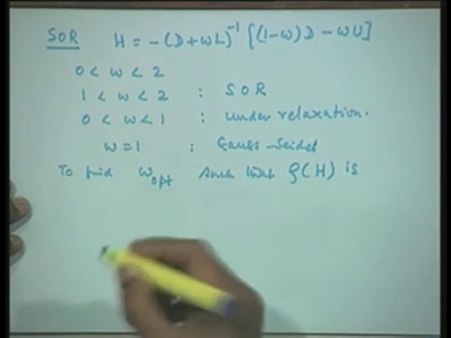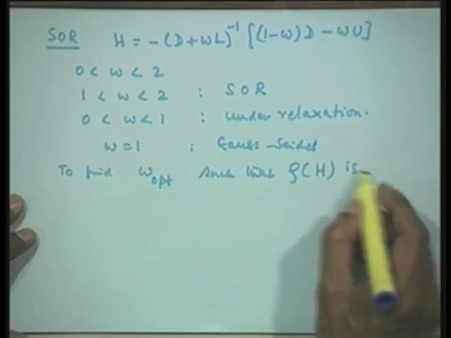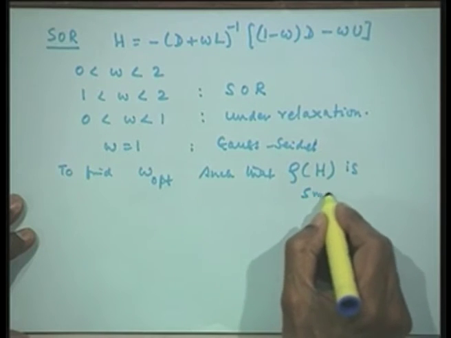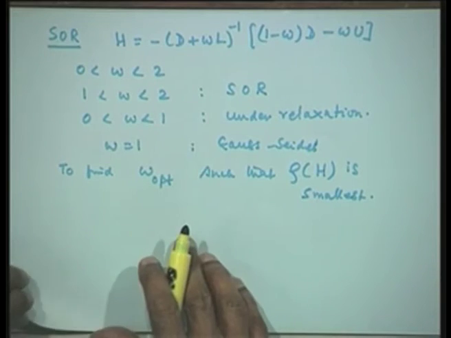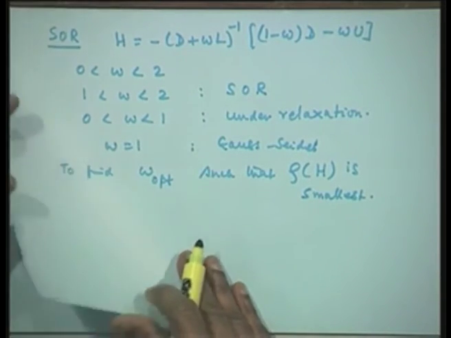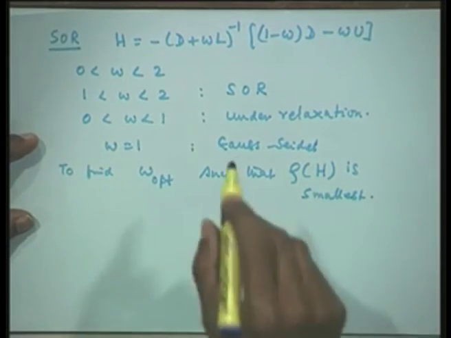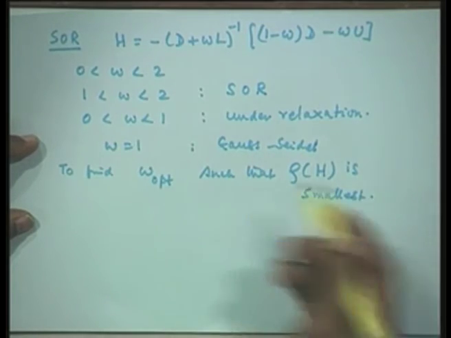If I want the rate of convergence largest, the spectral radius should be smaller, because the spectral radius is less than 1, and we are talking of the rate of convergence as minus logarithm of the spectral radius. So if the spectral radius goes closer to 0, the log of that number is going to be very large. Therefore, such that rho of H is smallest. That means it is finding the spectral radius and minimization of that with respect to omega. That is what the problem is.